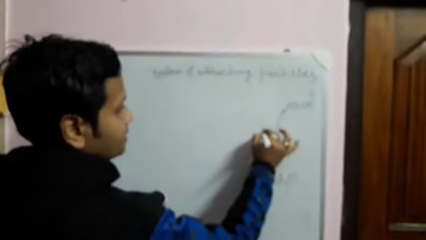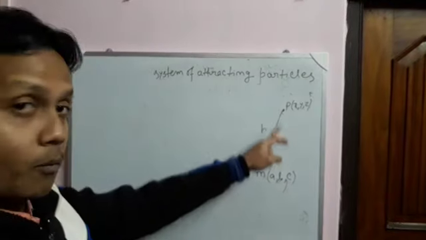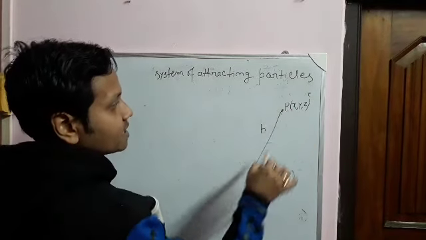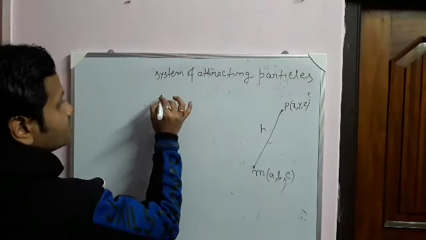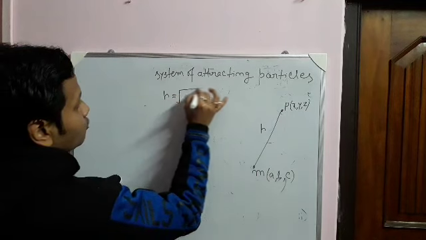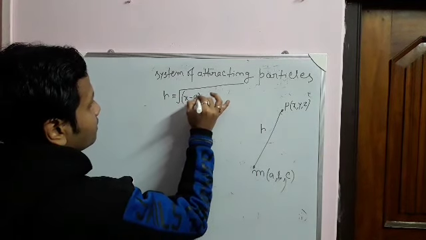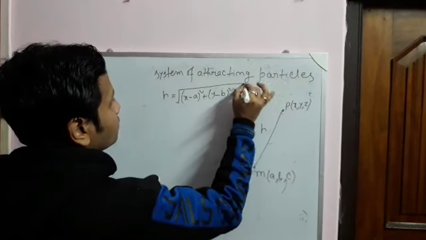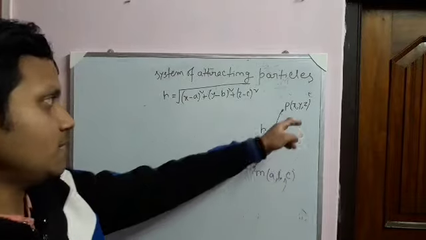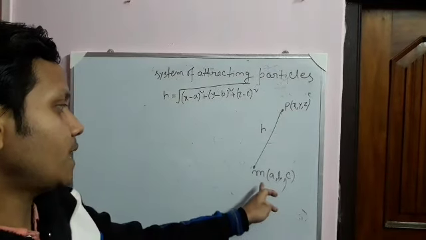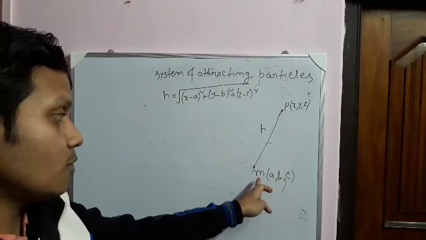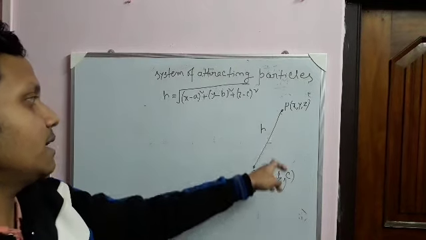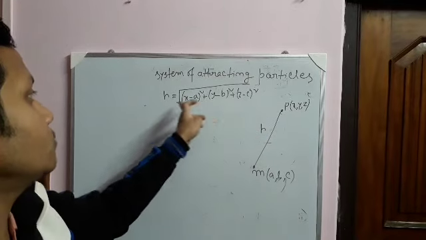If the distance is r, then from coordinate geometry we know the distance formula between two points: square root of x minus a whole square, plus y minus b whole square, plus z minus c whole square.